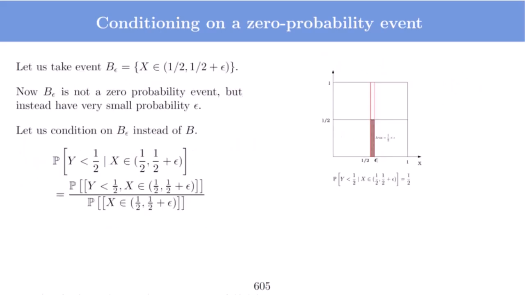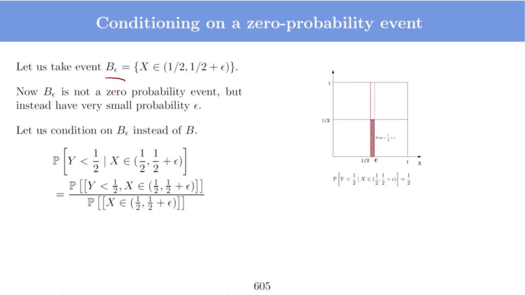So what I do is I take a small event B epsilon, which is the event that x is between half and half plus epsilon. Instead of saying x is equal to half, I am saying x is between half and half plus epsilon. So this is a small rectangle. This complete red rectangle denotes this event. Now you want to compute the probability that y is less than half, conditioned on this event.